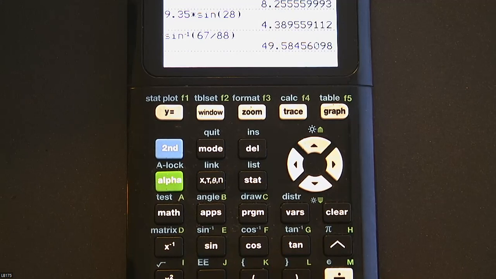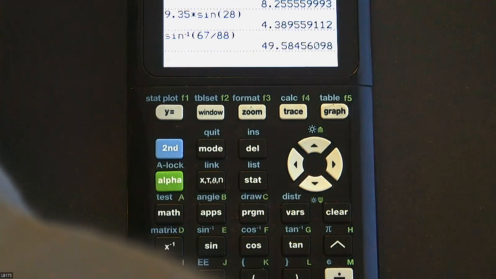All right, and for right triangles, the inverse buttons will always give you what you're looking for. When we get into the inverse sine function later, we'll have to talk more about each one of those.